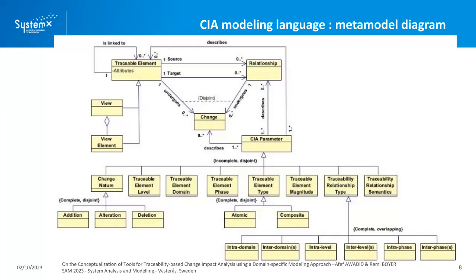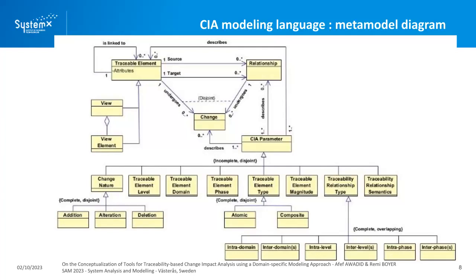And here we have traceable elements and relationships in association with a change, and a system of view and view elements. So the view and view element is to create viewpoints around CIA.